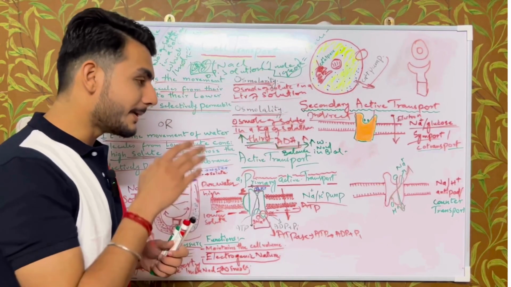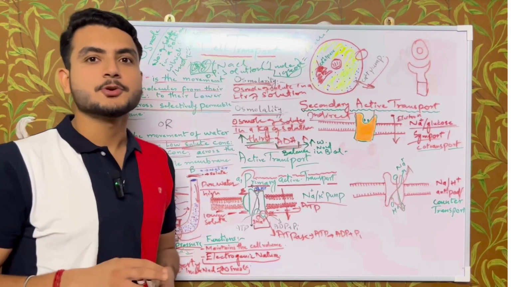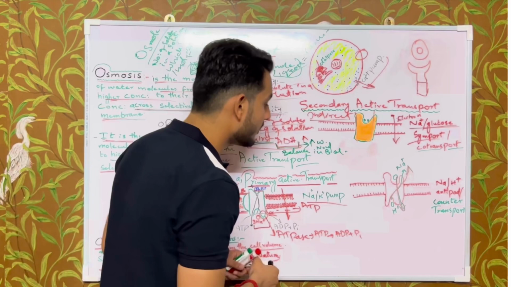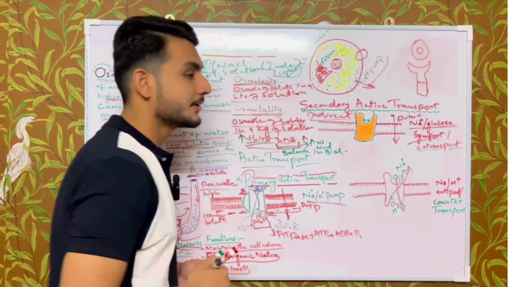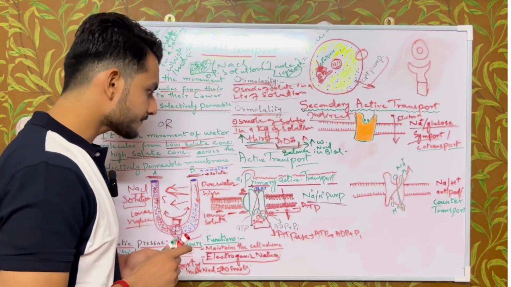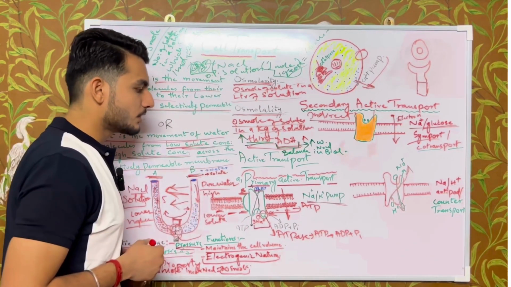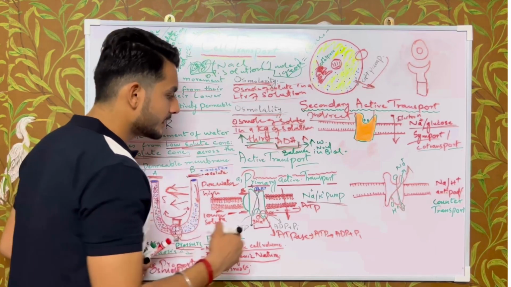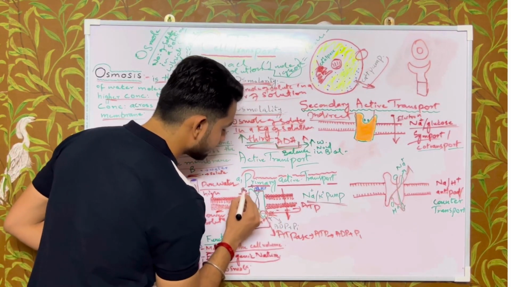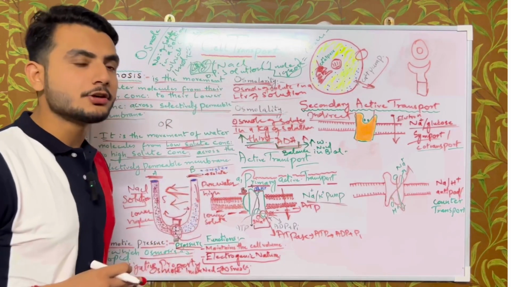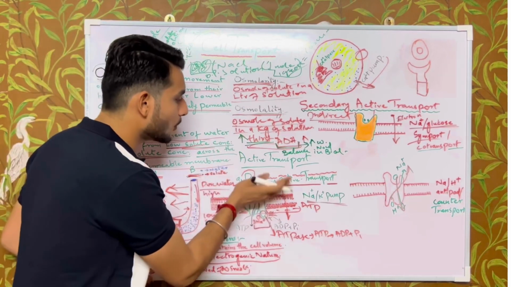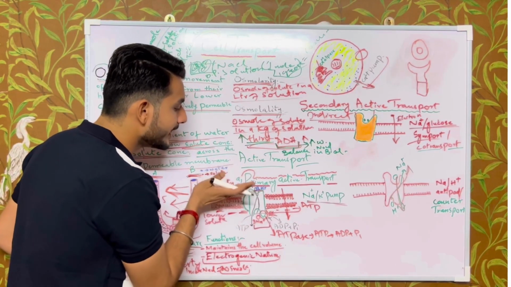The best example of primary active transport is the sodium potassium ATPase, or sodium potassium pump, which operates in almost all cells of the body. This pump has two units, the alpha unit and the beta unit. The function of the beta unit is not that significant, but it anchors the protein complex to the lipid bilayer.